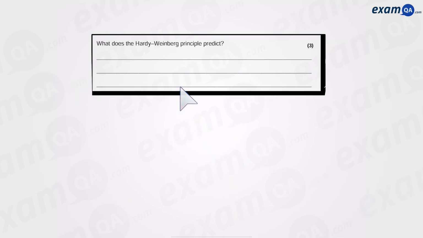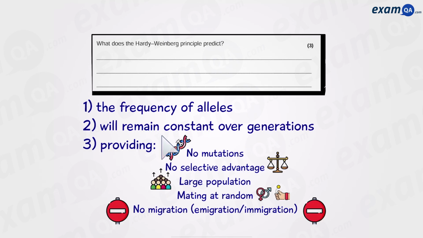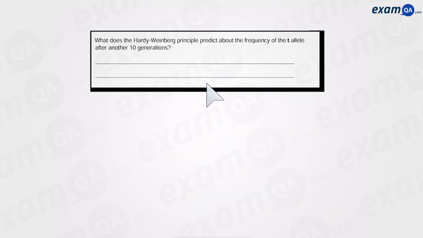What does the Hardy-Weinberg principle predict? It predicts that the frequency of alleles in a population will remain constant over generations, providing the following conditions are met. And finally, what does the Hardy-Weinberg principle predict about the frequency of the T allele after another 10 generations?